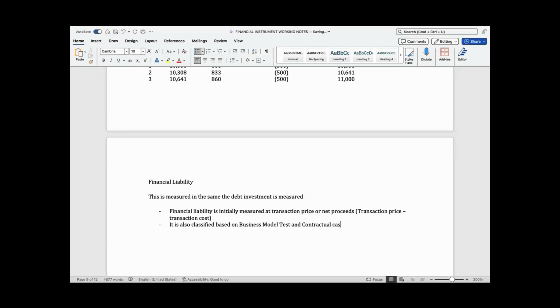And these tests determine whether the financial liability should be classified either at amortized cost, fair value to OCI, or fair value to P&L.